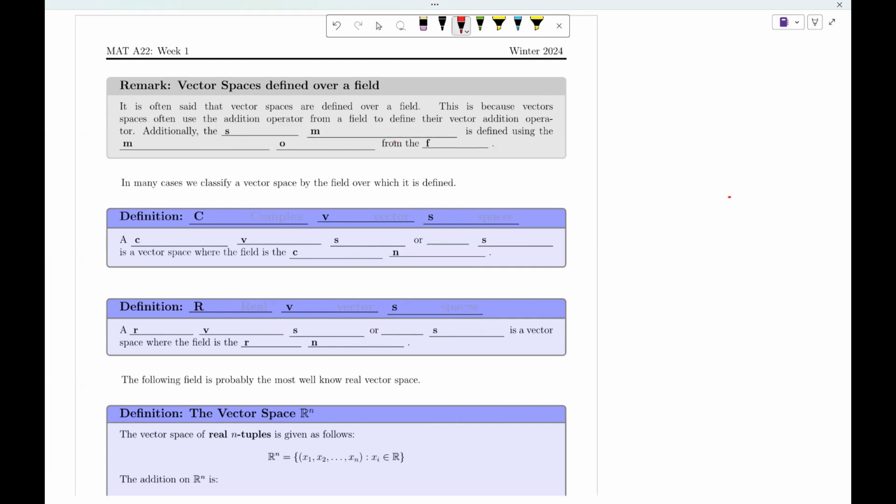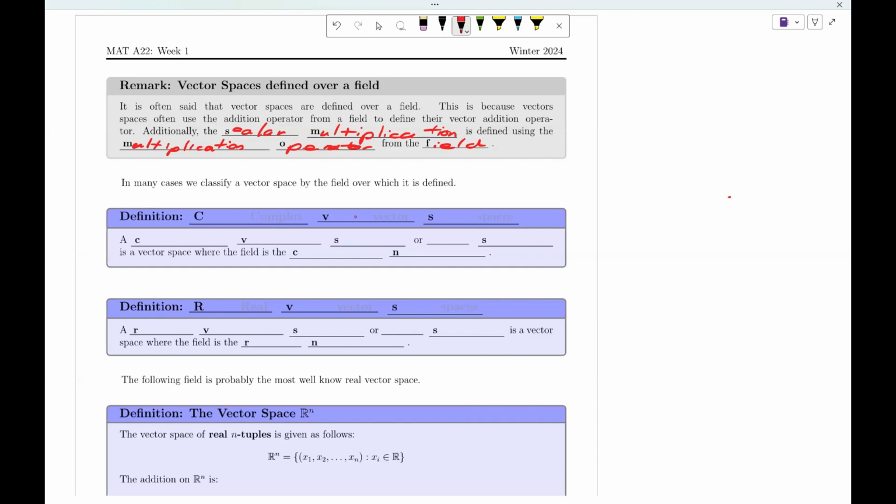Additionally, scalar multiplication is defined using the multiplication operator from the field.